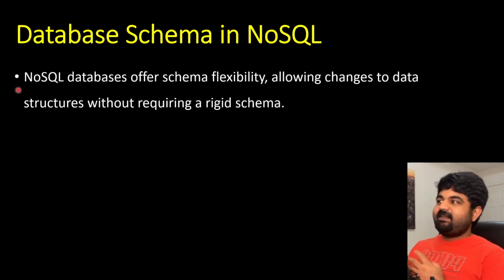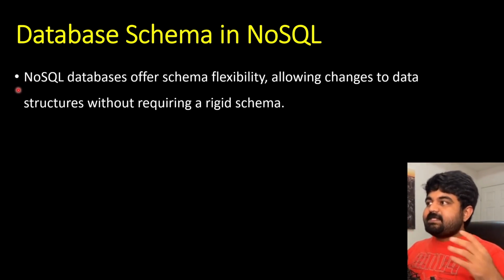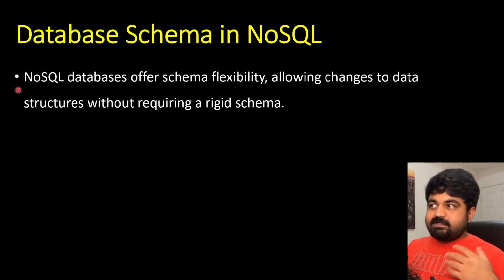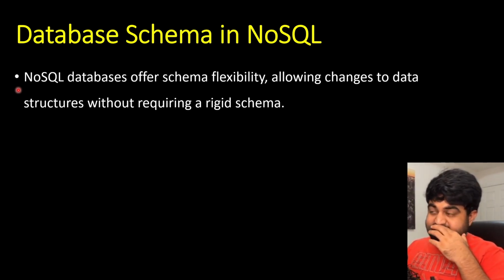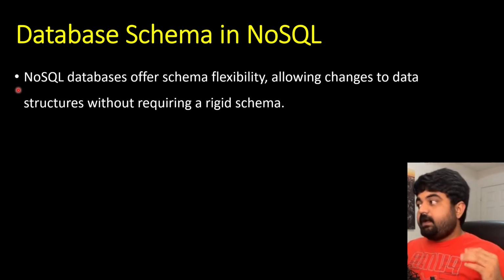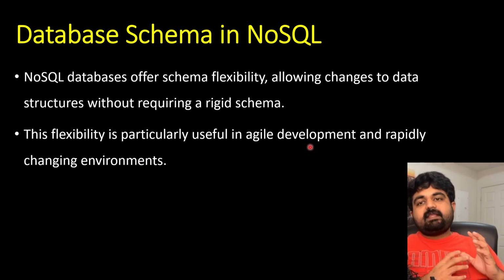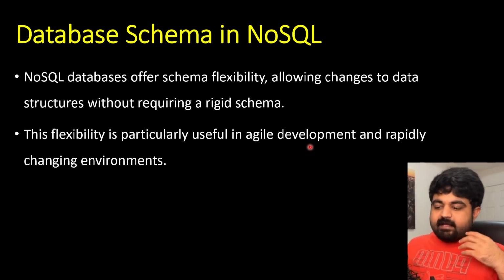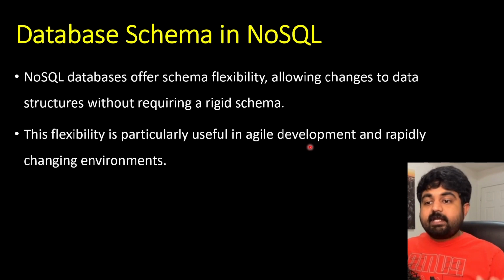NoSQL is very flexible when it comes to data schema or enforcing data schema. You can change things in real time, frequently, without worrying so much, unlike SQL, where the schema tends to be quite rigid and needs to be enforced completely. Because it is so flexible, it is very useful in agile or dynamic situations, where the incoming data is continuously changing, or the data is random, unpredictable, and dynamic in nature.